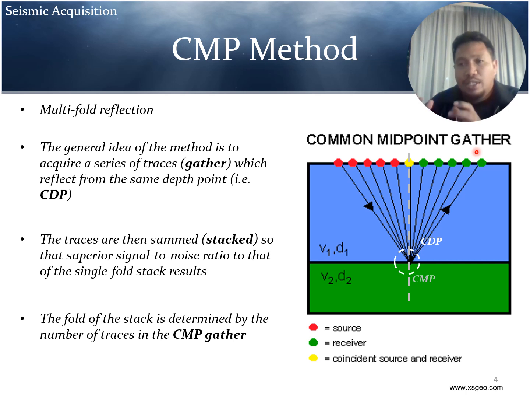In seismic terms, we call it stacking these 5 traces, combining them to produce a single or singular trace, a single fold stacked outcome. When we do this, we actually increase the signal to noise ratio. So that is the purpose of this CMP method gathering.